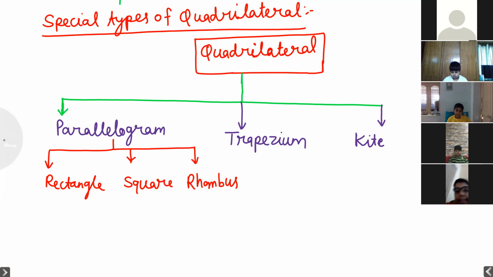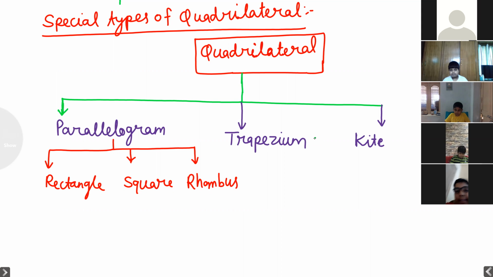If I say all trapezium is a quadrilateral, yes, because quadrilateral is the father and trapezium is the son. All kite is a quadrilateral, yes. Parallelogram is a quadrilateral, yes. Rectangle is a quadrilateral? No. Rectangle is not directly linked with the grandfather. Firstly, it is linked with the father, then the grandfather.